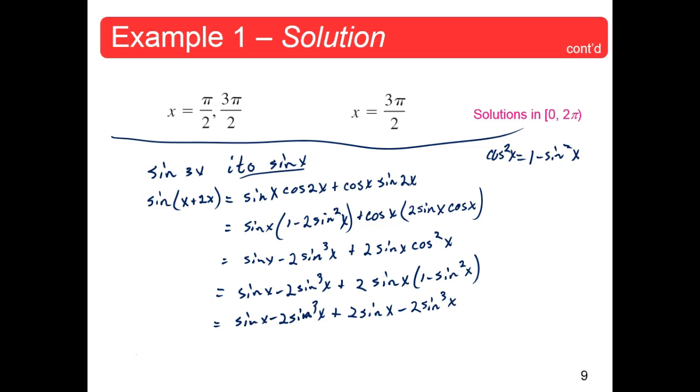We got it? Okay, we can combine these like terms, and that'll give us 3 sine x, and combine these two like terms, and you get minus 4 sine cubed x, right? There, we've done it. We've calculated sine 3x in terms of sine x only. Very good. Nicely done. Okay? Make sense? All right, good deal.